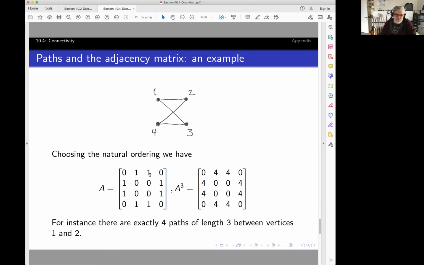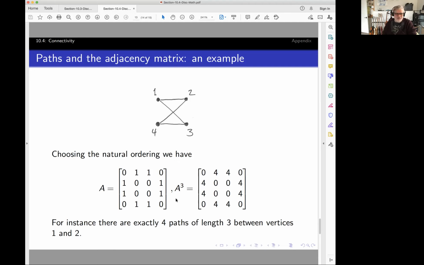This graph has very nice structure, so the adjacency matrix has very nice structure, and the powers of this matrix are easy to compute. You can do it by yourselves.